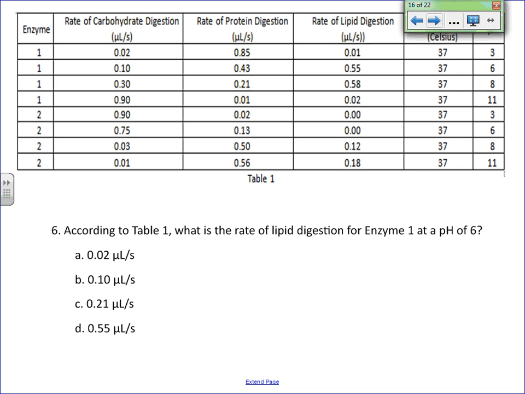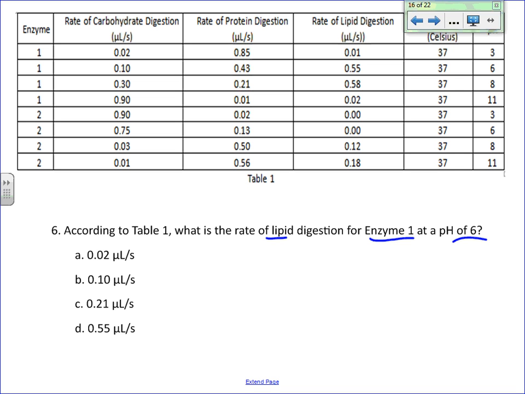All right, if you are pressing play at this point, that means you are ready to go through the answers for these questions. We take a look then at question number 6. It says, according to table 1, what is the rate of lipid digestion for enzyme 1 at a pH of 6? 3 important words here. I always suggest underlining them. Lipid, enzyme 1, pH 6.